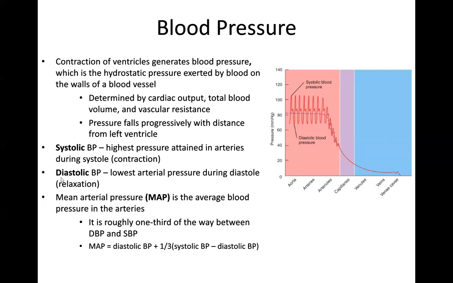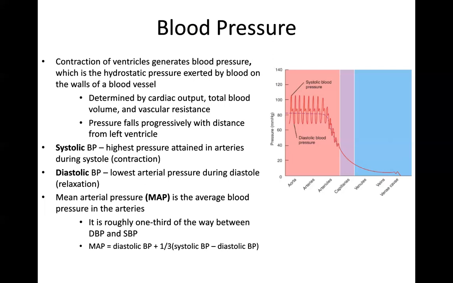In other words, your heart spends about 2/3 of its time in the relaxation stage, whereas it only spends about 1/3 of the time in the contractile stage. So your arteries and blood vessels are only in the systolic phase about 1/3 of the time, whereas 2/3 of the time it's diastolic. So that's why it's closer to the diastolic number and farther from the systolic.